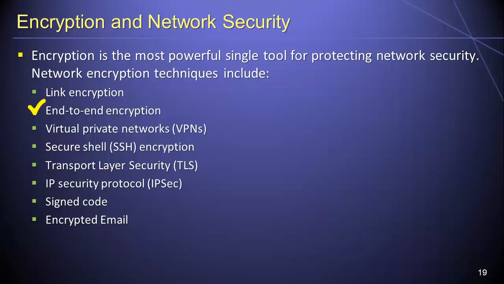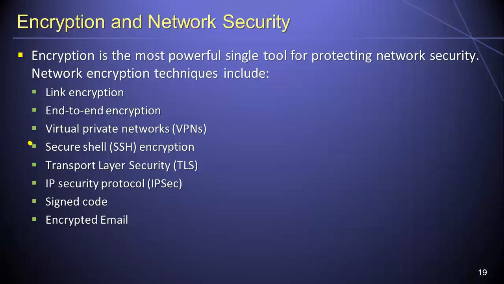network protocol stack. This ensures that data remain protected even if they must travel through several intermediary hosts before reaching their final destination. In a virtual private network, or VPN, communications between a network and a remote host, that is, a host that is located outside of the firewall, are encrypted, thus establishing virtual link encryption between the host and the network.